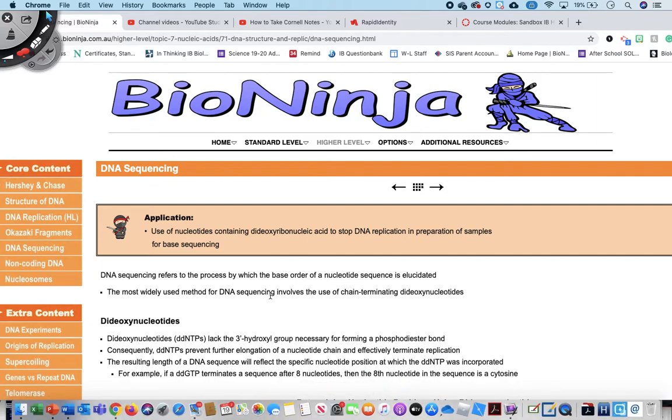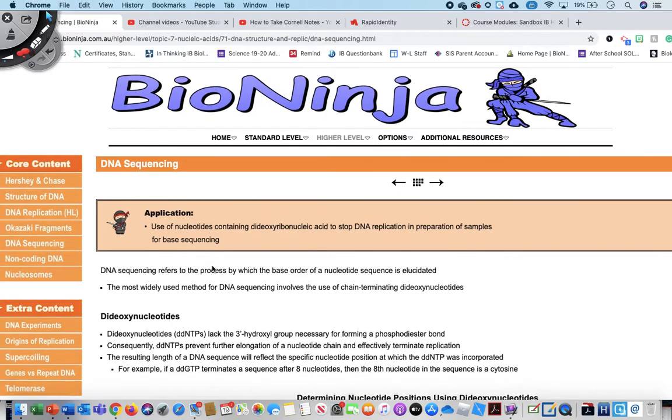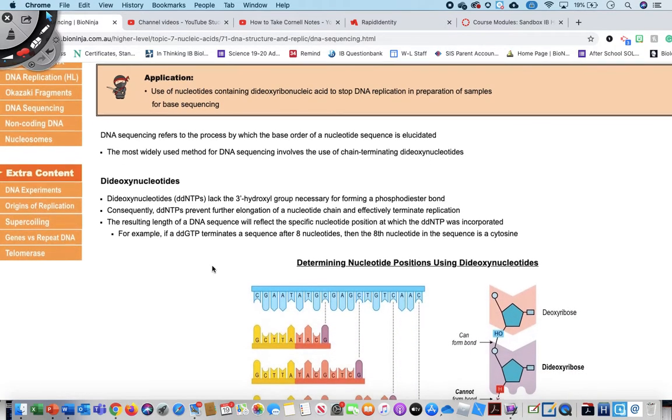This is the most widely used method for DNA sequencing involving the use of these dideoxynucleotides. So we are going to see today how they are used.